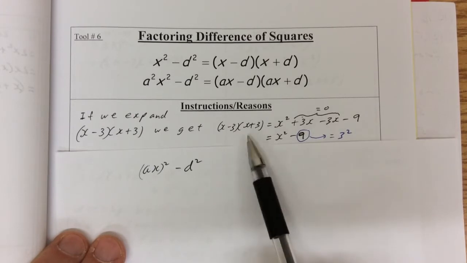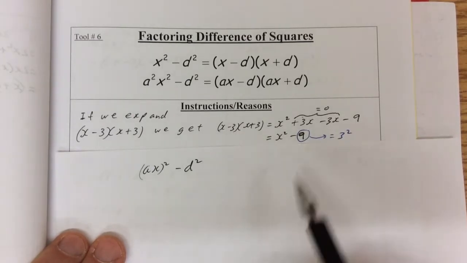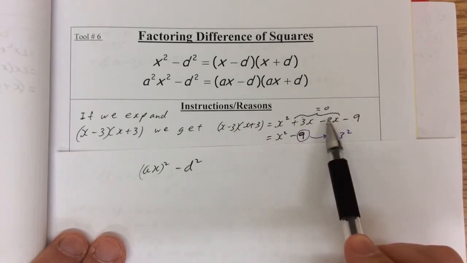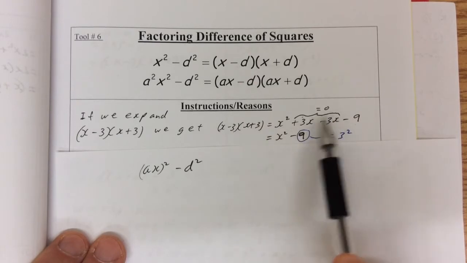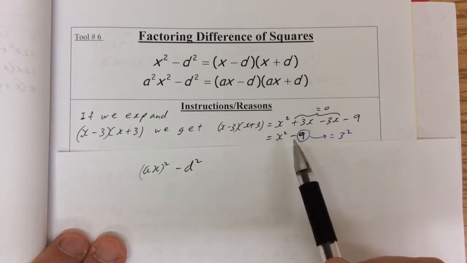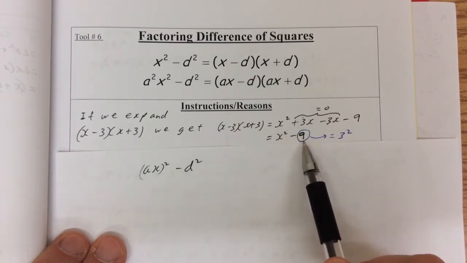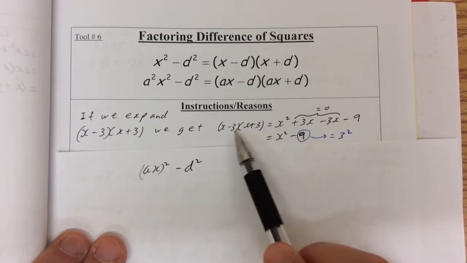Inside is minus 3x. And minus 9 is the last terms. These two middle terms, because these numbers are the same but opposite signs, they will always disappear. They'll equal 0. They'll cancel each other out. So you end up having x squared minus some perfect square, because that last number is the 3 times 3.